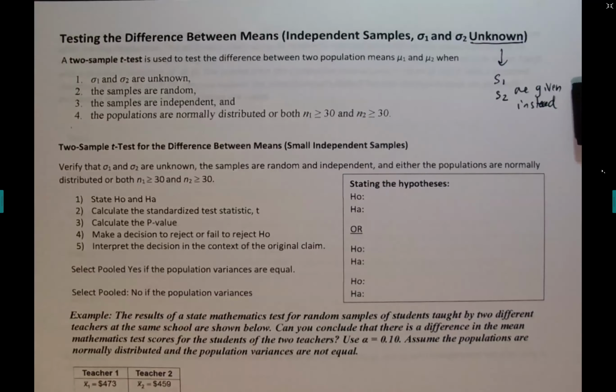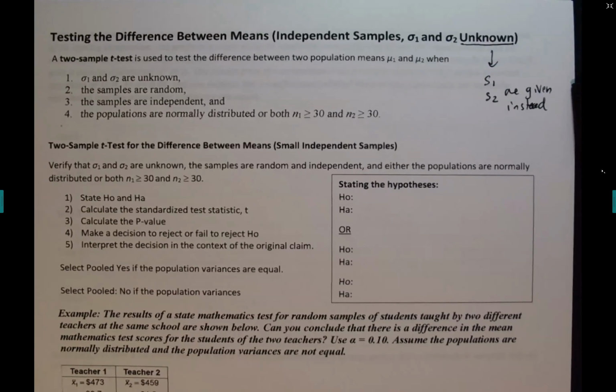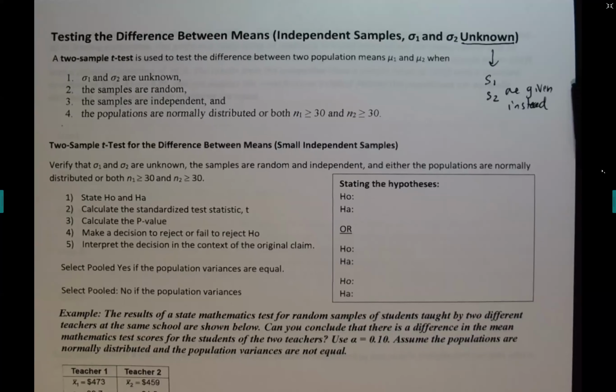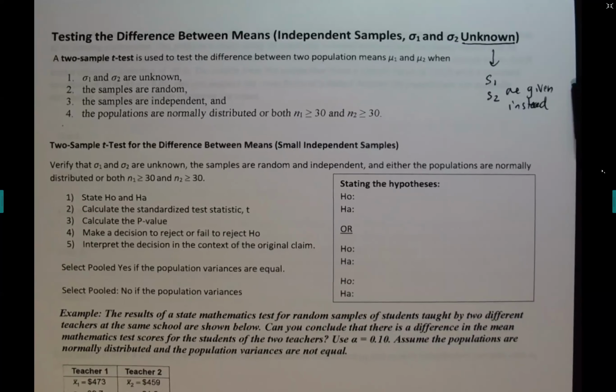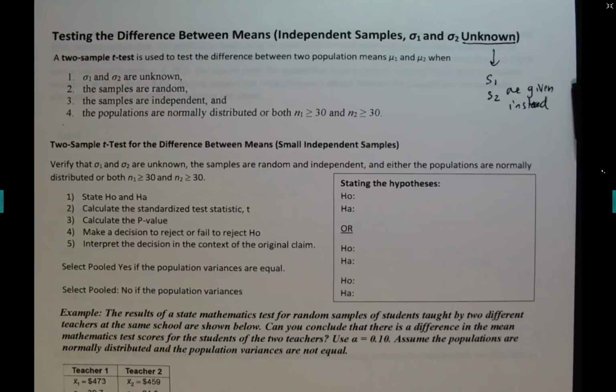All right. So a two-sample t-test is used to test the difference between two population means when sigma 1 and sigma 2 are unknown, samples are random, samples are independent, populations are normally distributed, or at least the sample size is at least 30. So same conditions.